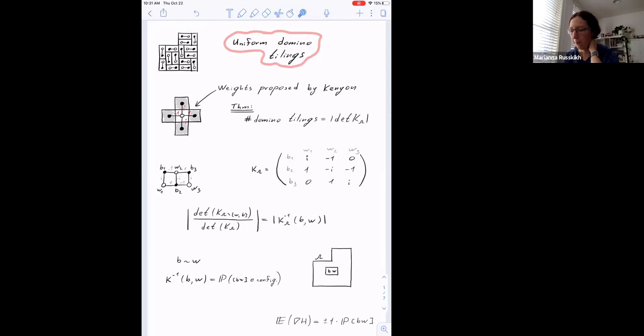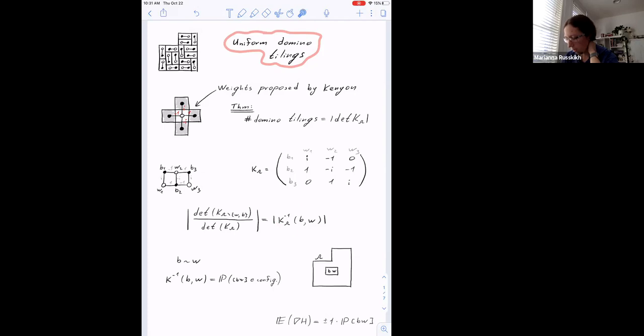Okay, so now we deal with uniform domino tilings. So all edge weights are just ones. The Kasteleyn signs are chosen as we already saw, 1, i, minus 1, minus i. So this is the theorem that the partition function can be evaluated as the absolute value of the determinant of this Kasteleyn matrix. And now let us think about the inverse Kasteleyn matrix.